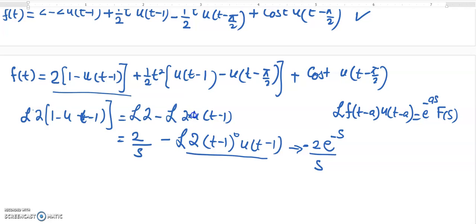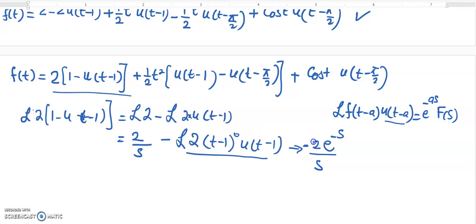Originally this was 2, and then we have this unit step function. We need this f(t minus a), which is basically 1, so it should be in the same form as t minus 1. So I wrote it like (t minus 1) power 0, and that will be 1. For 1 we know that the Laplace transform is 1 over s.